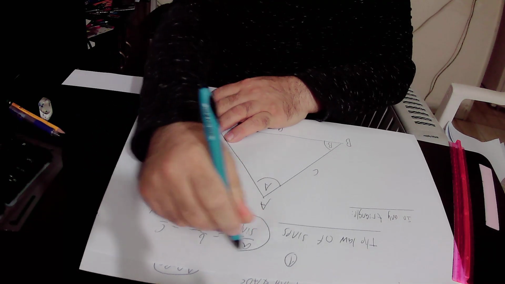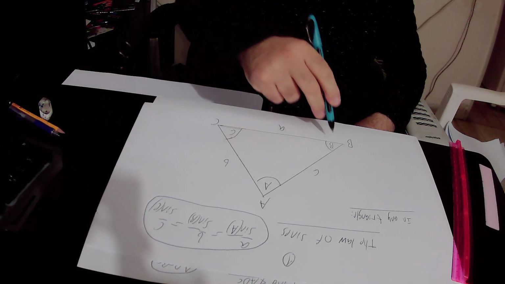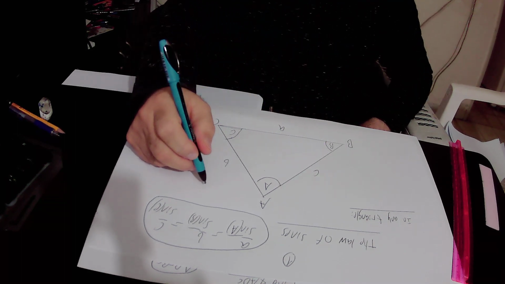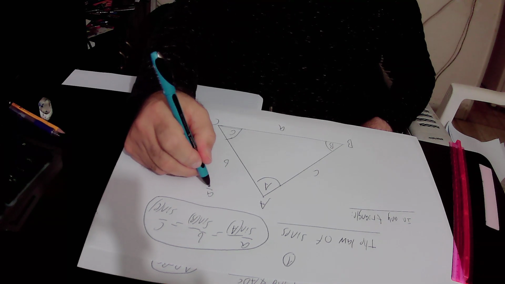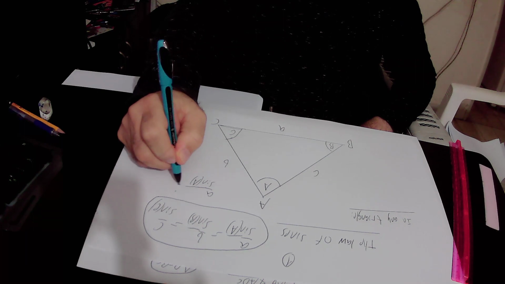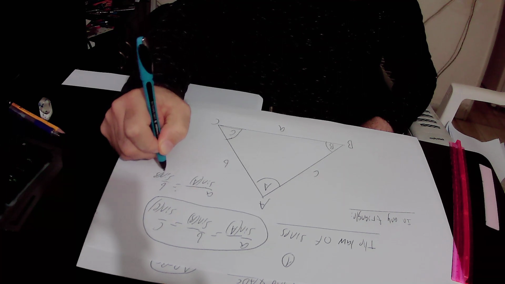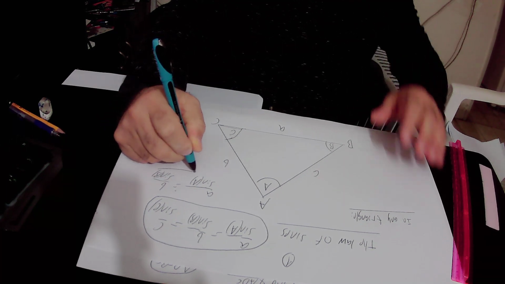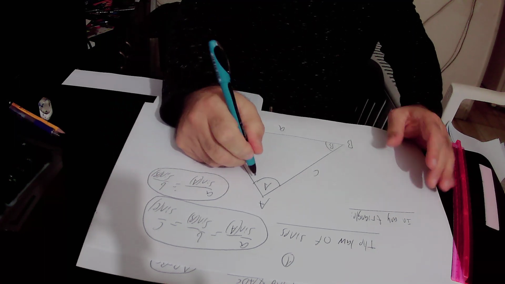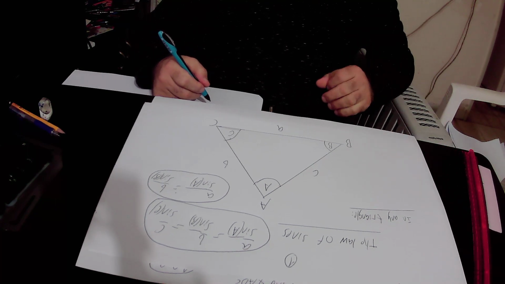So from this formula, again, A over sine A equals B over sine B equals C over sine C. From this formula, we derive that A over sine A equals B over sine B. So we will implement the law of sines in our drawing.